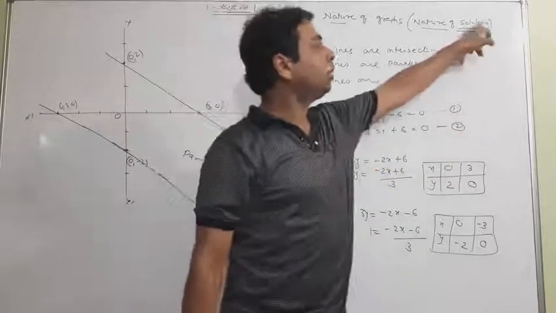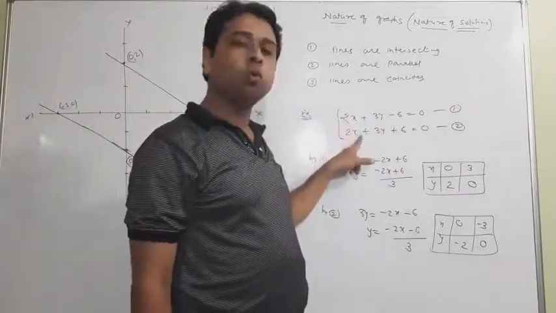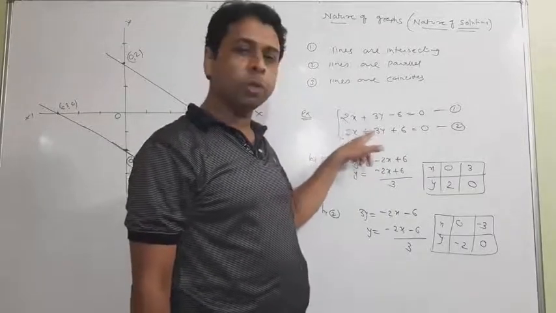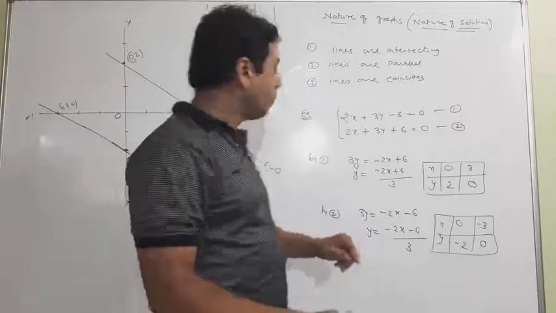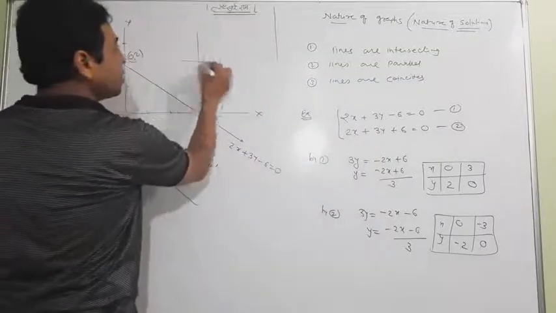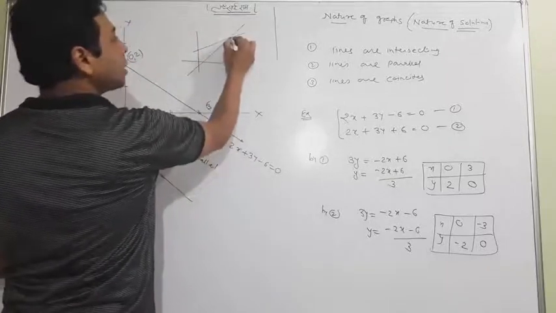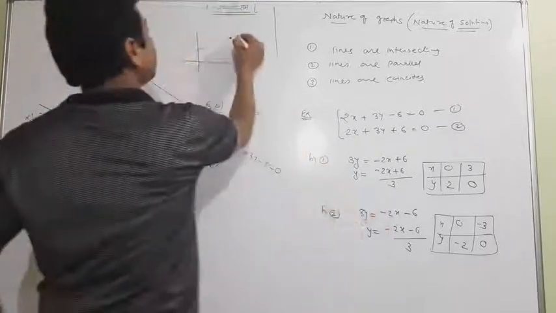So what is a solution? Let me speak frankly. When you draw graphs of these two equations, you would definitely have two lines. So see the lines. If lines are intersecting, as yesterday, meaning it is a unique solution.